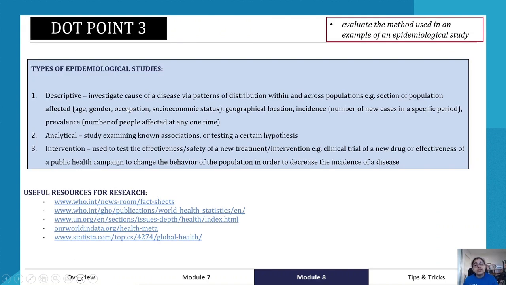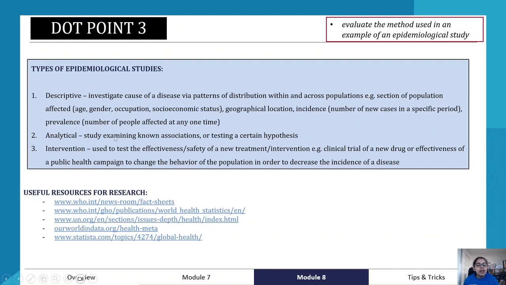So there are different types of epidemiological studies. We've got descriptive epidemiological studies, which investigate causes of a disease through wide patterns of distribution within and across populations. For example, we see if a section of the population is affected. We look at the geographical location, the incidence, and the prevalence.